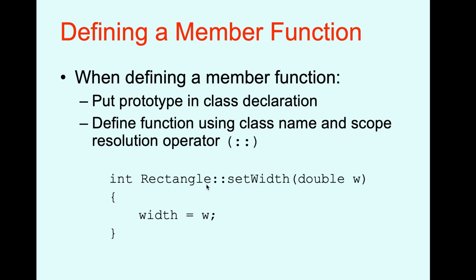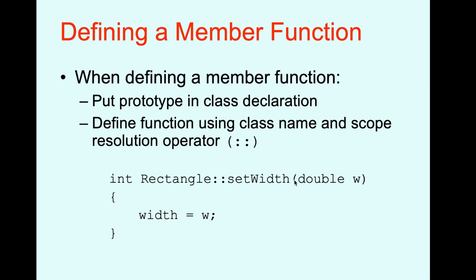So what is the purpose of the scope resolution operator? It actually links the function with the class. Like here, for example, the first word int is the return type of the function. Rectangle is the name of the class. The scope resolution operator will link this function. The function name is what? setWidth.